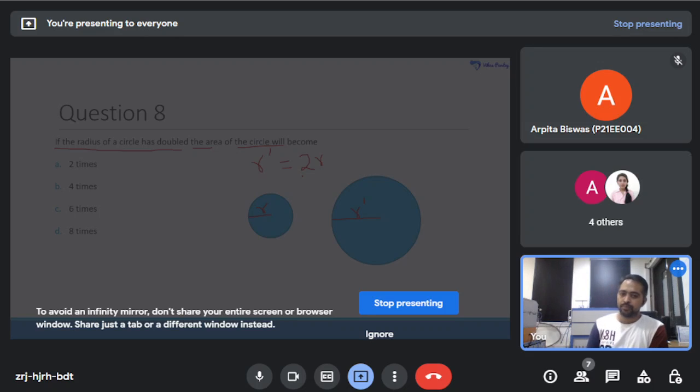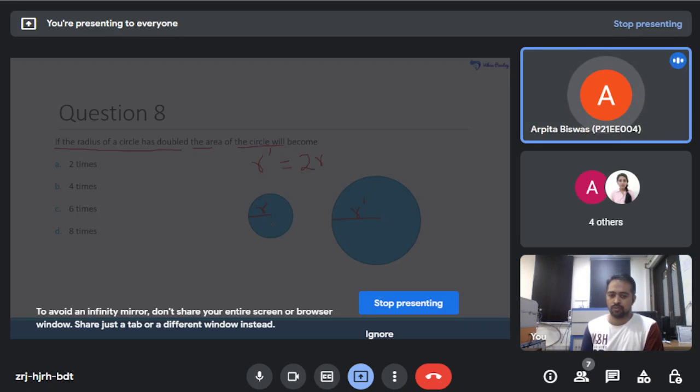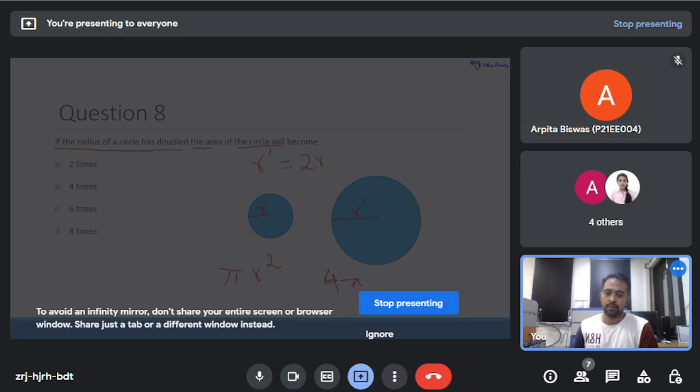Okay, how? The area of a single circle is pi r square, and if the radius is doubled, then the area of the circle will be 4 pi r square. So it will be 4 times. Good, very good. Okay, so it increases by 4 times.